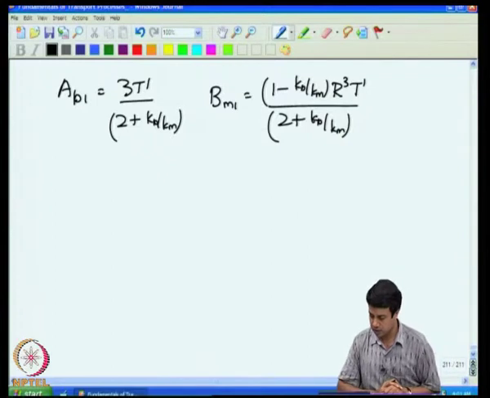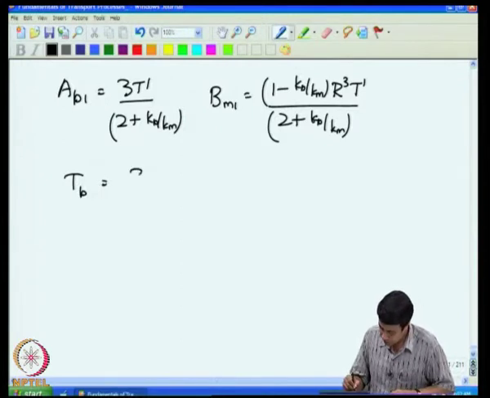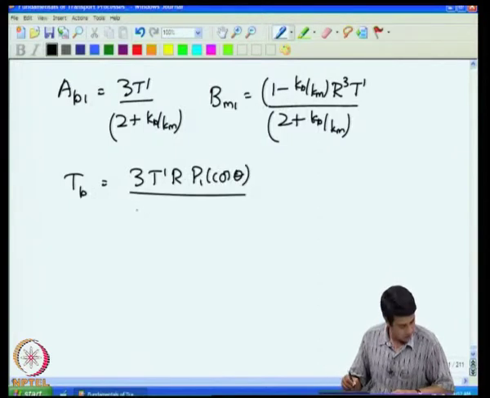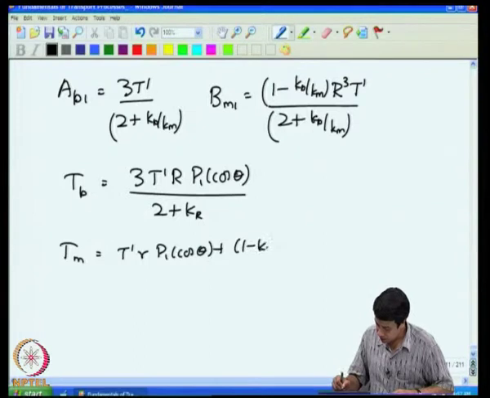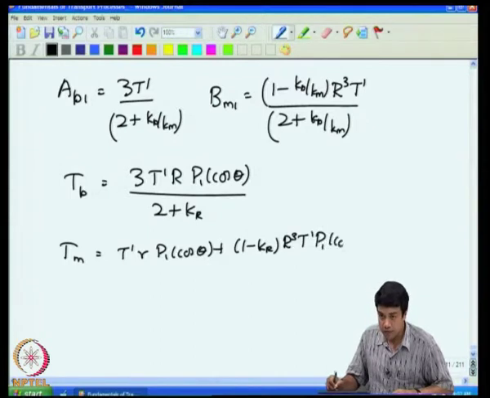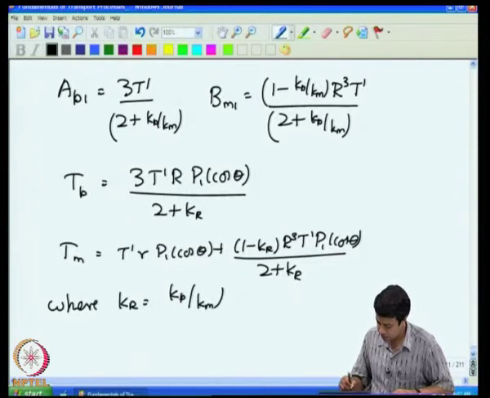Okay, so this is in the particle and that is in the matrix. That means that the temperature field in the particle is equal to 3 T prime R P1 of cos theta by 2 plus Kr, and T in the matrix is equal to T prime R P1 of cos theta plus 1 minus Kr R cubed T prime P1 of cos theta by 2 plus Kr, where Kr is equal to the ratio of the conductivities of the particle and the matrix.